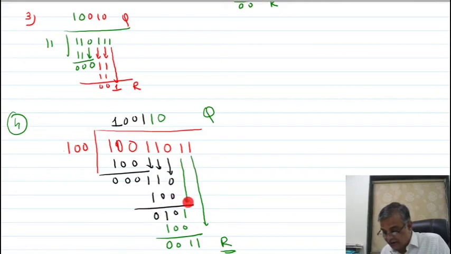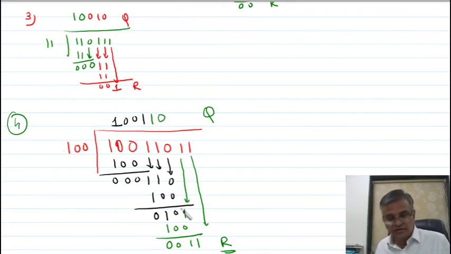Now I am taking down 1. This can be divided, so I am putting here 1. Now again I am taking down. Once I take it down, I am not doing any division, so I put the 0. So in this way you can solve the problem of a binary division.